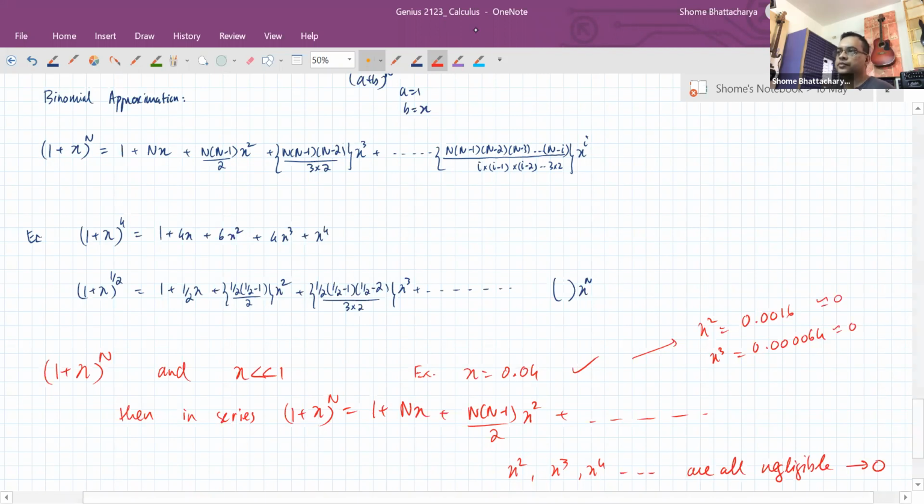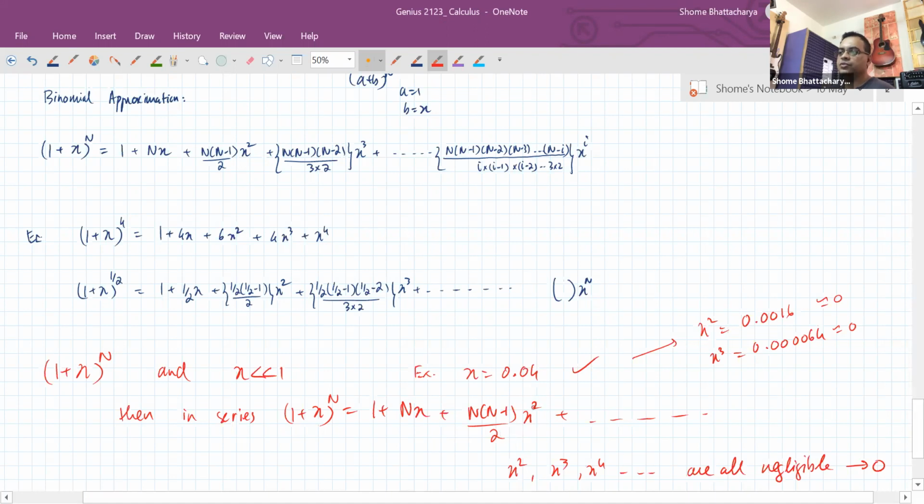Yes, Nishchay? Sir, if n is in the range of 50, or a power of 100,000, then we cannot ignore this x², right? No, see, the thing is, it's not about n, it's about the value of x. You're understanding the point? If x is small compared to 1, then this coefficient is so small that it doesn't matter if you're multiplying something over here which is large.